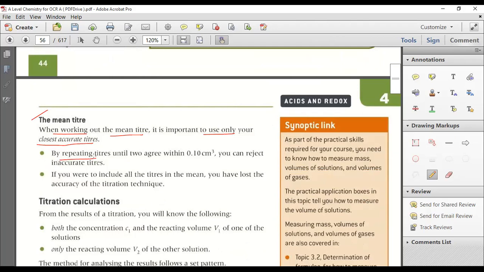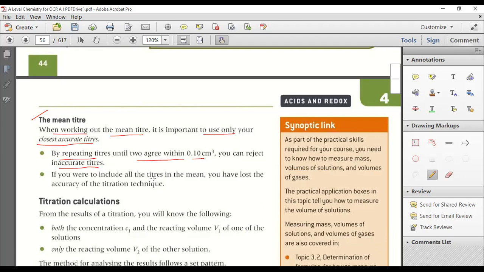By repeating the titration until the readings agree within 0.1 centimeter cube, you can reject the inaccurate titrates. These initial ones, the first thing, the second, are known as the titre. Clear? Any doubt in this?